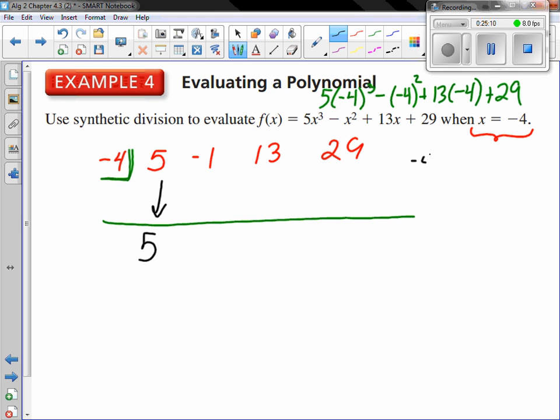So negative 4 times 5 would be negative 20. We would add and get negative 21.